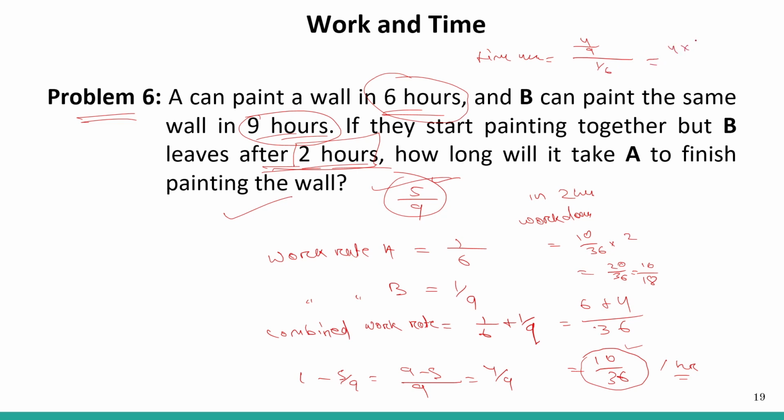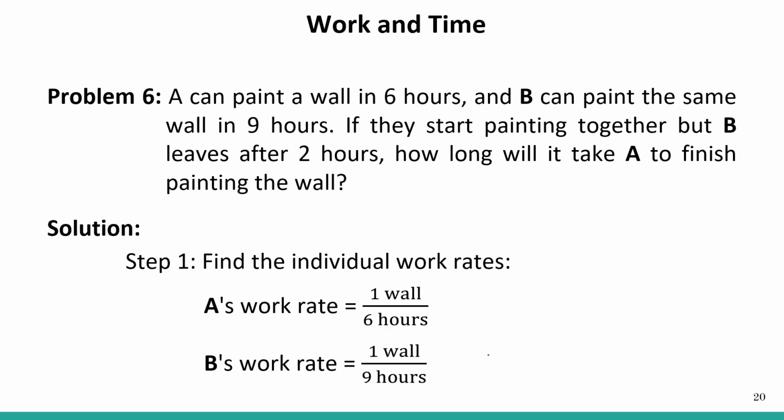So 4 into 6 by 9, 24 by 9, which is 8 by 3 hours. This is how much time it will take for A to finish the remaining 4 by 9th of the wall to paint.